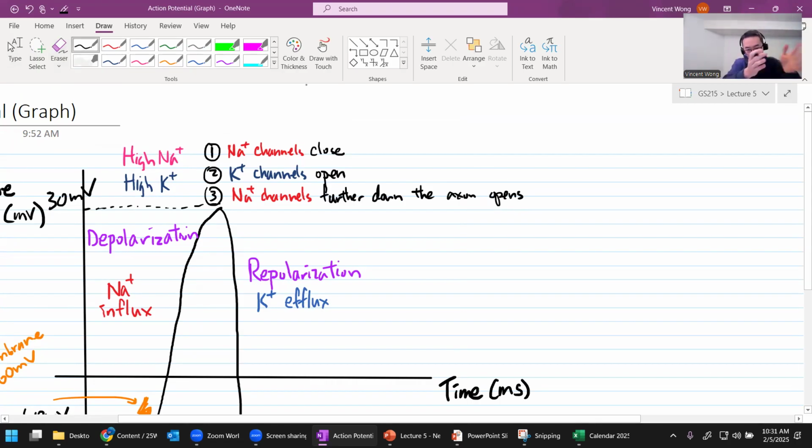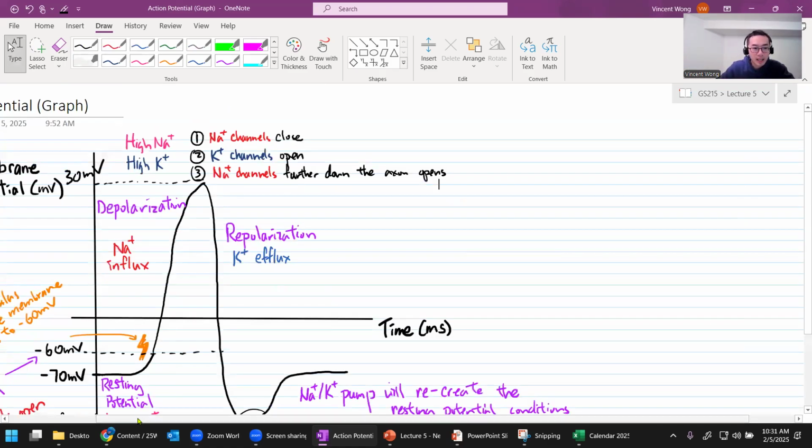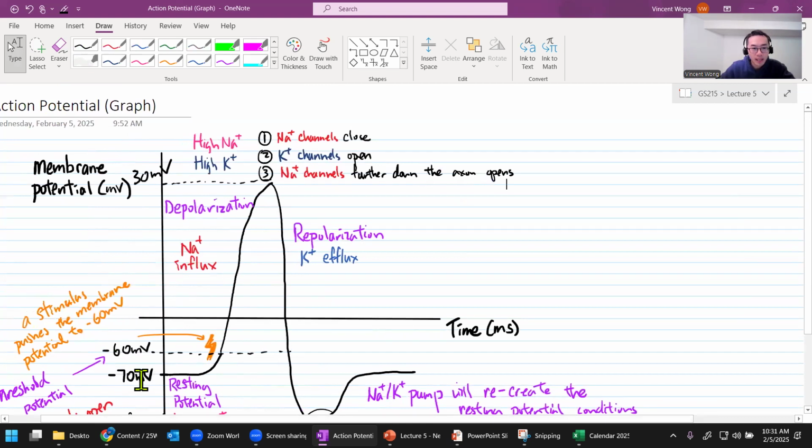The ones of the current section will close, right? But some of the sodium is going to creep forward, and it's going to cause them to open, right? So that's kind of how it went from negative 70 to negative 60. You have to wait for the sodium to kind of creep forward to push it over the threshold.